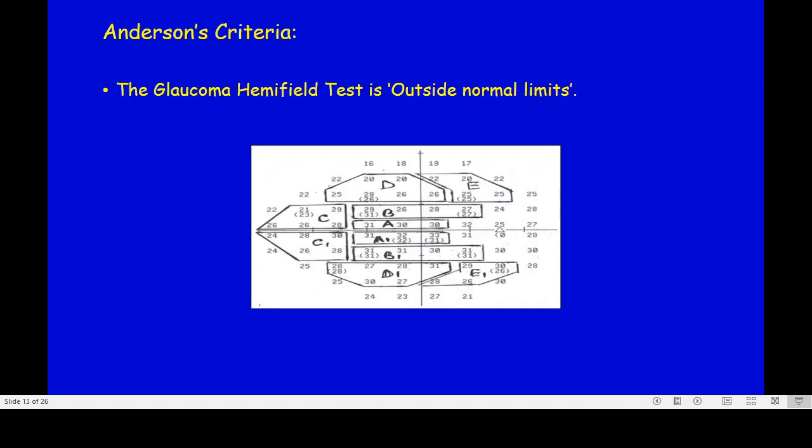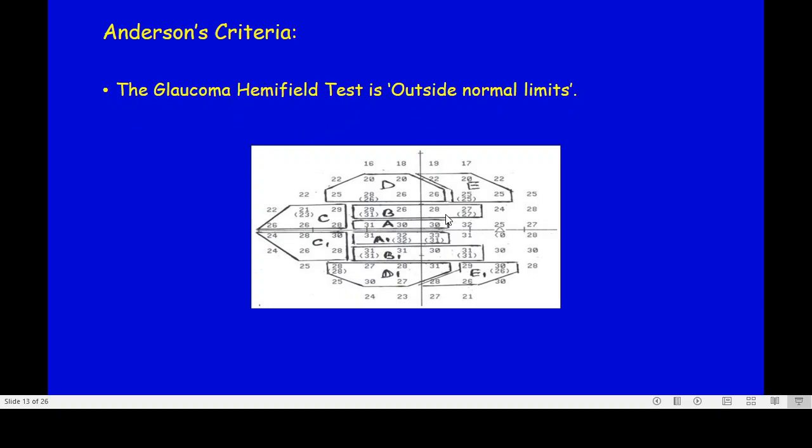And to diagnose a case of glaucoma on the basis of autoperimetry, we follow Anderson criteria. So there are three criteria that we need to fulfill for the diagnosis of glaucoma. The first one is the glaucoma hemifield test.